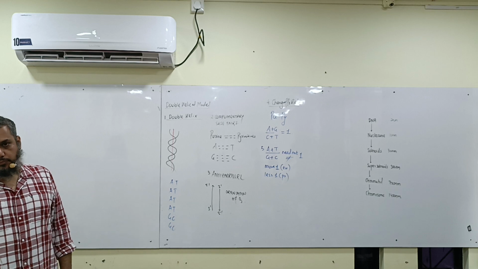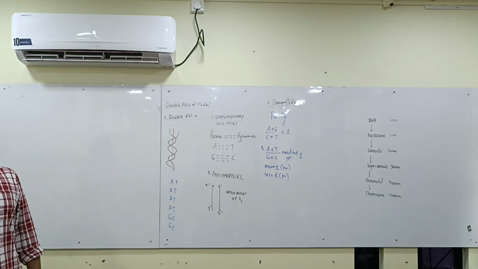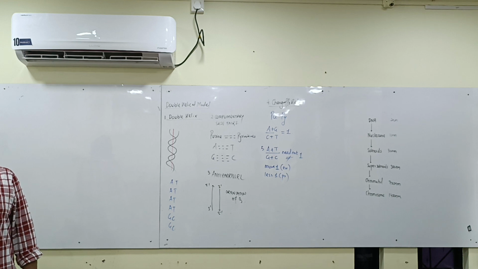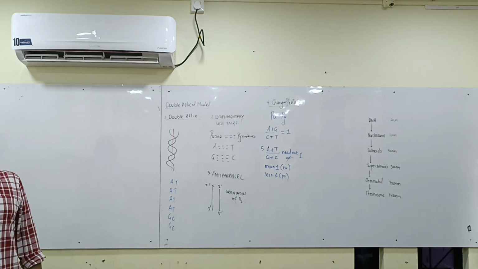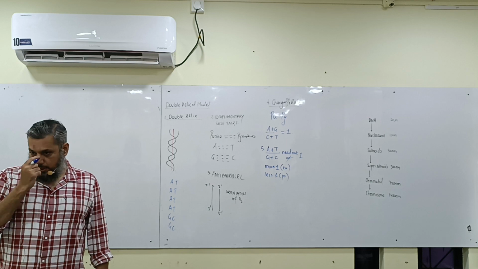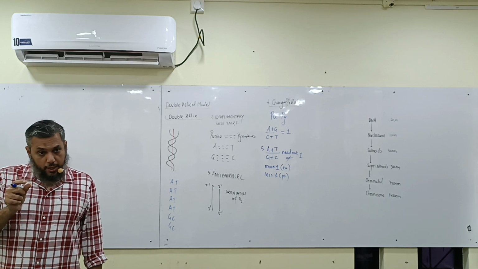So will A plus G upon C plus T be equal to 1? Yes. A plus T upon G plus C need not be equal to 1. It is constant for every species. For human beings, what is the A plus T upon G plus C ratio? Constant.